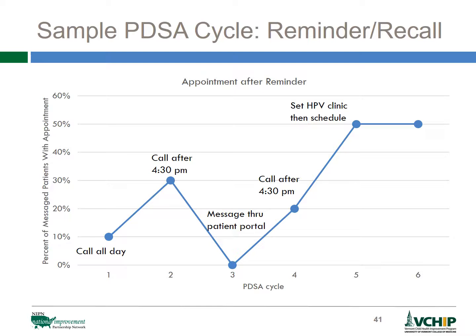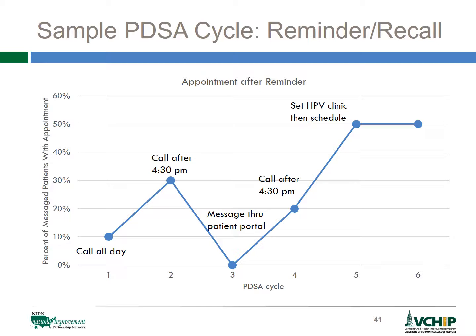So clearly for this practice, that's not going to be an effective way to message. So they went back to calling after 4:30 p.m. and noted that maybe this could be spreadable if we set up a time devoted to an HPV clinic. That way scheduling would go much quicker.